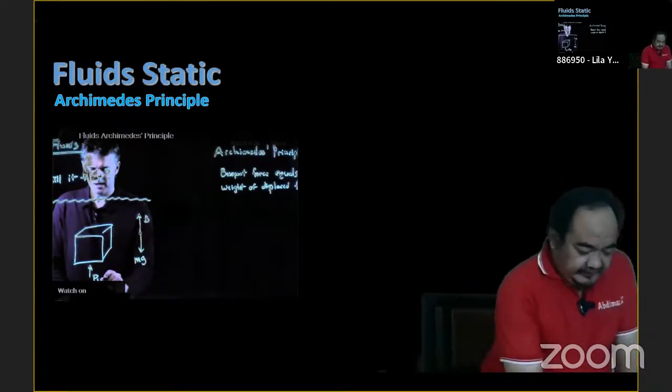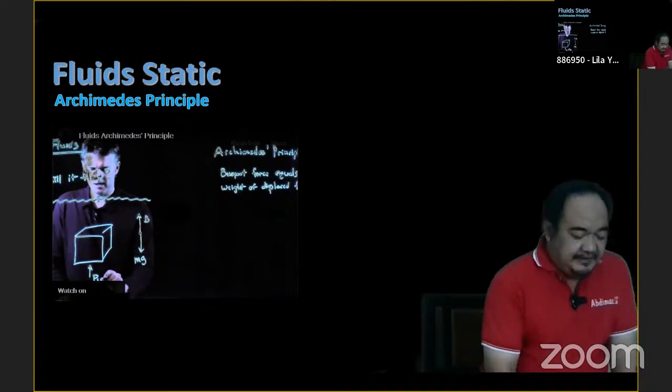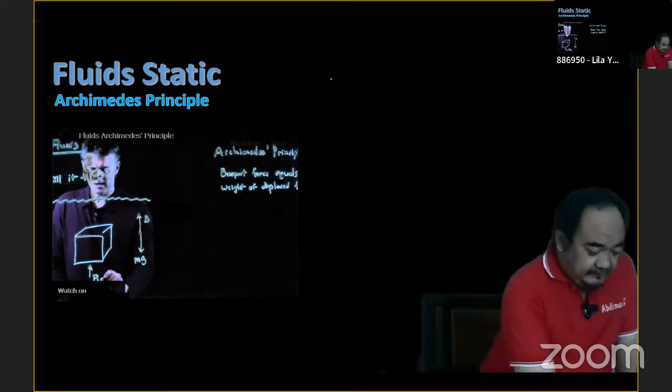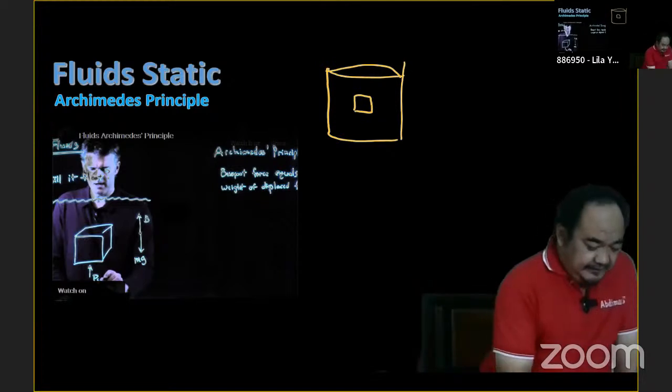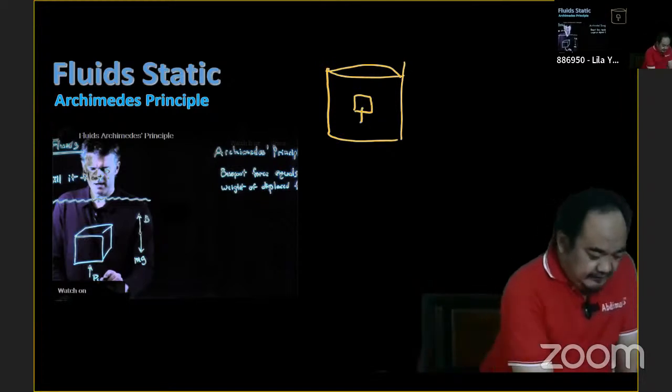And from Archimedes' principle, for example, there is a fluid, and then there's an object, and the object has a weight of m times g.